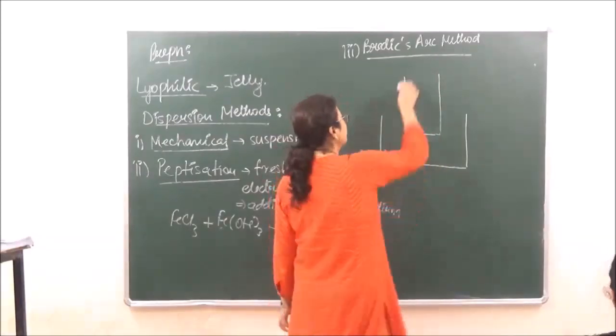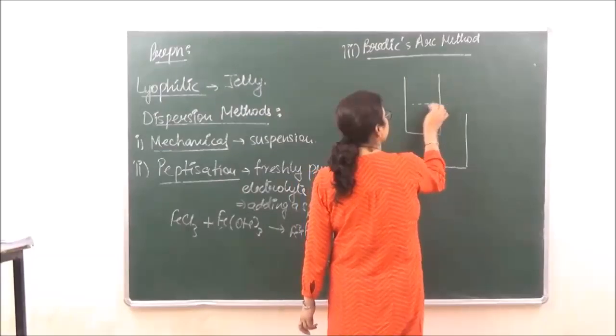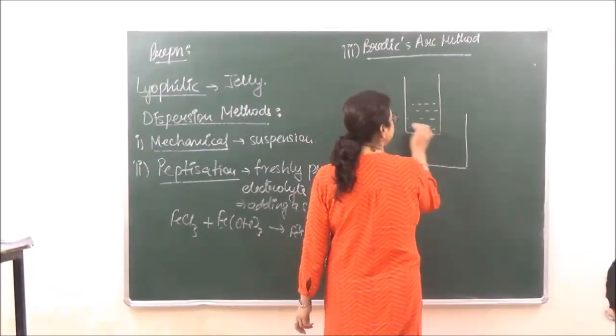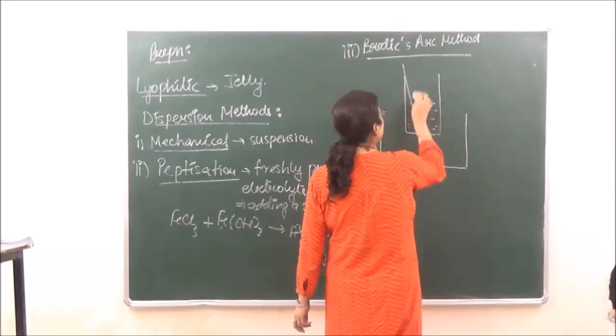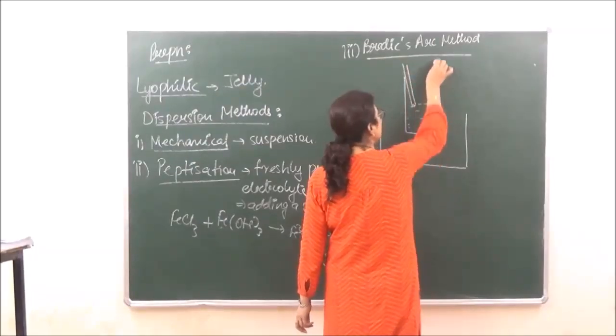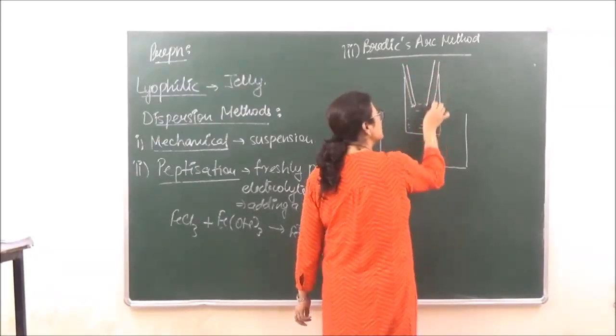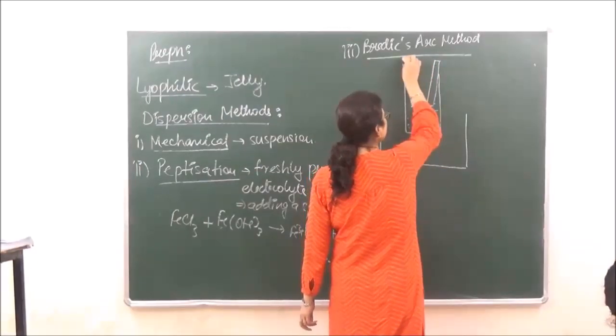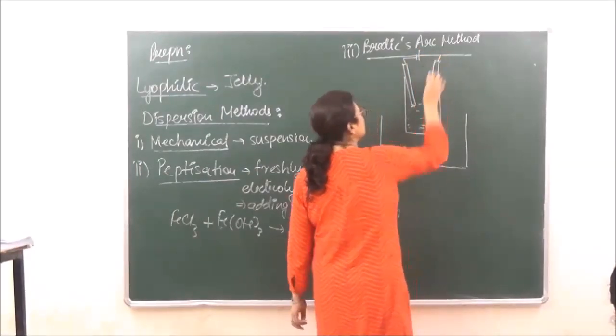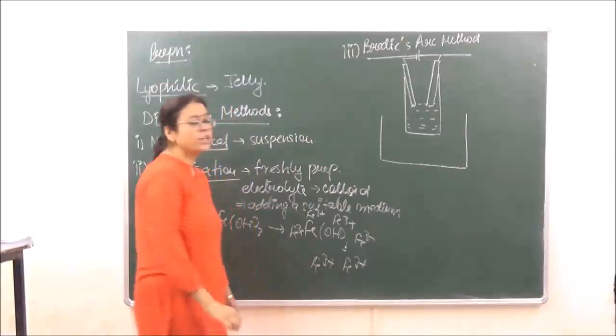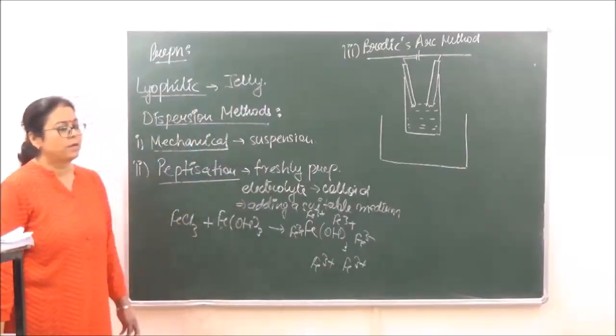Okay? In the beaker, say, we are taking water over here. In this water we are dipping metal electrodes like this, and these metal electrodes are attached to a high voltage battery, right?